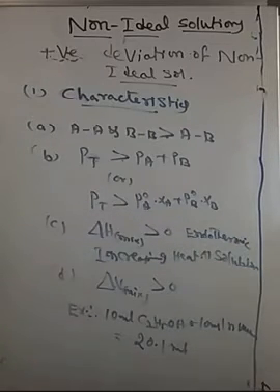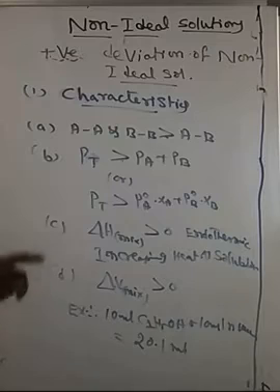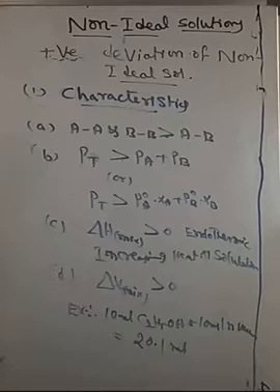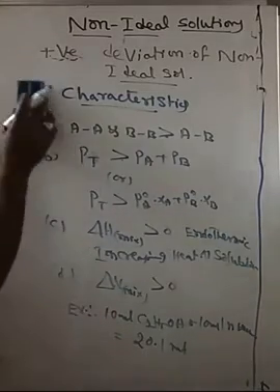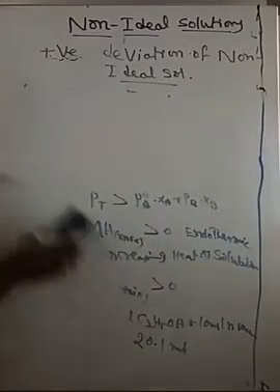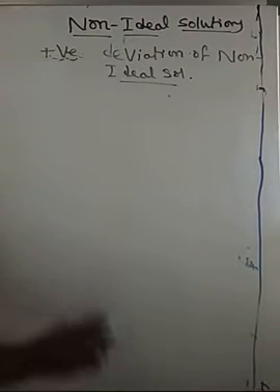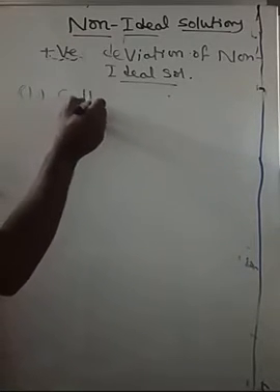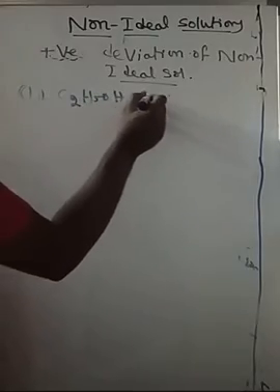So these are the characteristics of the positive deviation of non-ideal solutions. Some examples of positive deviation: one already discussed is ethyl alcohol plus n-hexane.